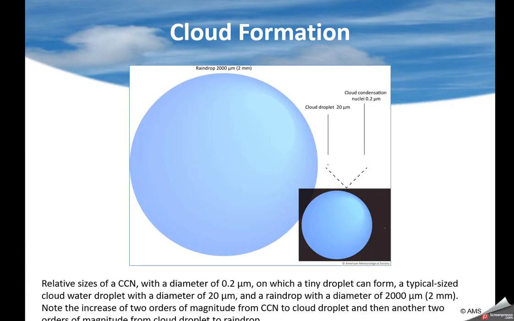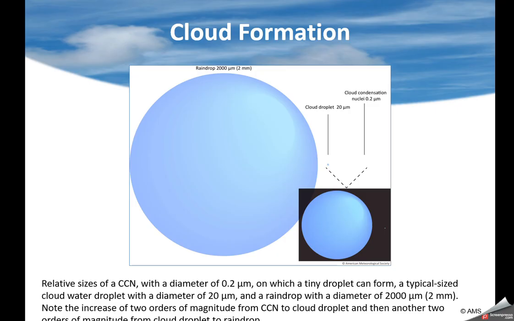So in order to form a cloud, we need a cloud droplet. Cloud droplets are really, really tiny when they develop. So with that being the case, they have a really sharp curve to them on their surface. And interestingly, that changes what the saturation vapor pressure is.